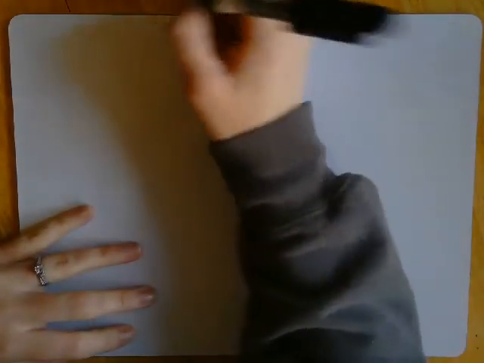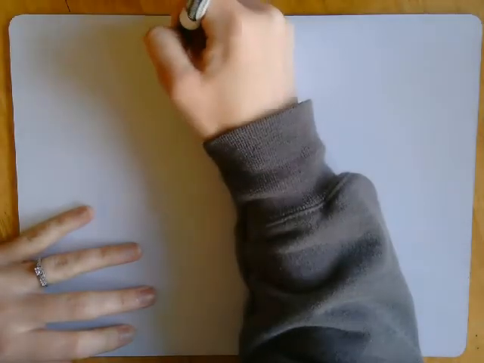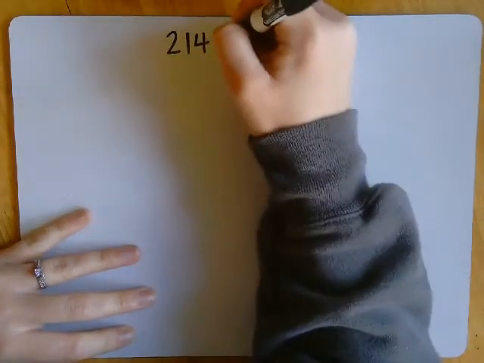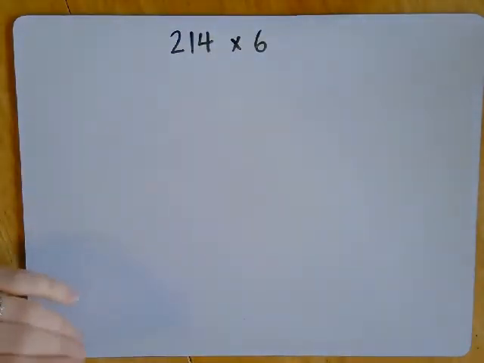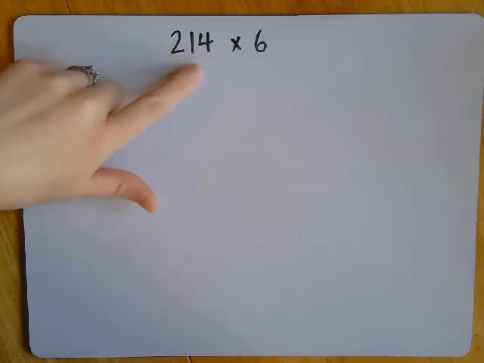Okay, if I wanted to start by multiplying 214 times 6, and I wanted to use partial products, so we're just using the numbers here. Last time I showed you how to split this up.